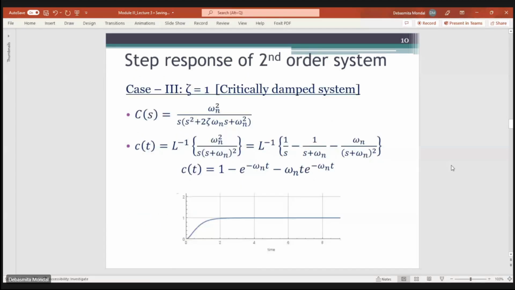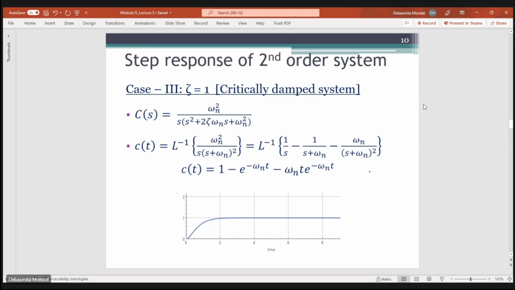Now for a critically damped case, obviously there won't be any oscillations, as the name suggests, and similarly that can be proved from the overall time response also. Here you see that in the overall time response there are two exponential components.